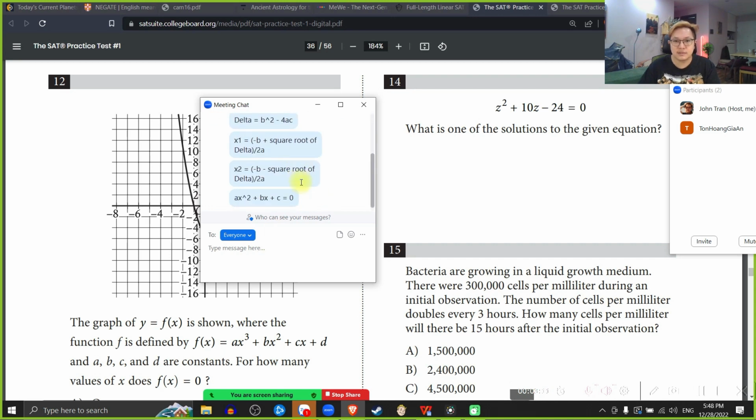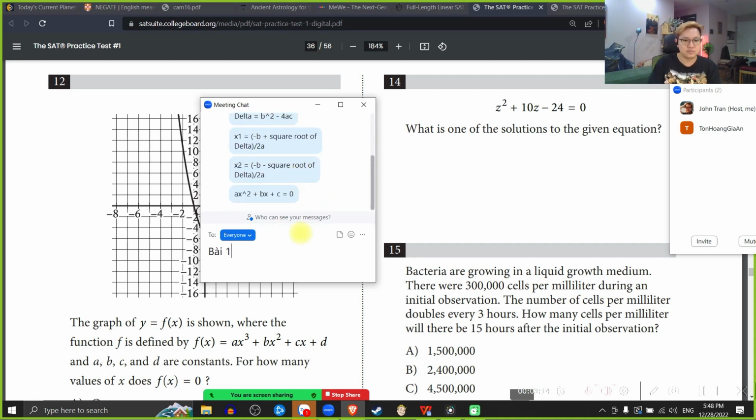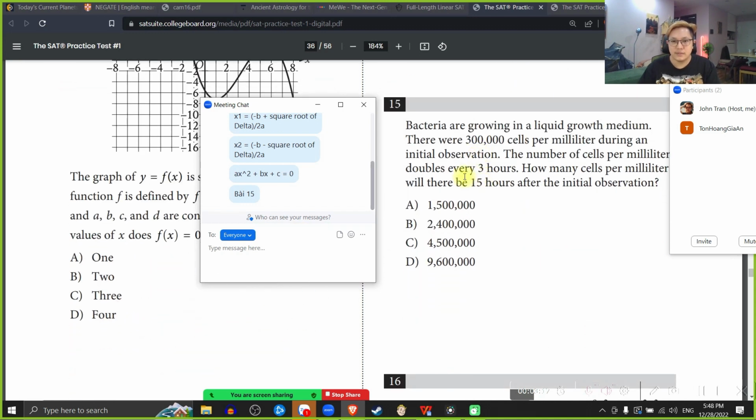So, exercise 15. Can you read this one? Bacteria are growing in a liquid growth medium. There were 300,000 cells per milliliter during an initial observation.